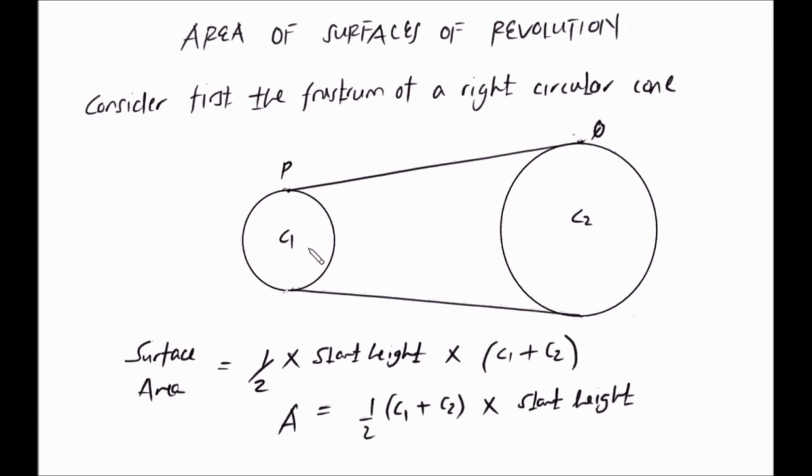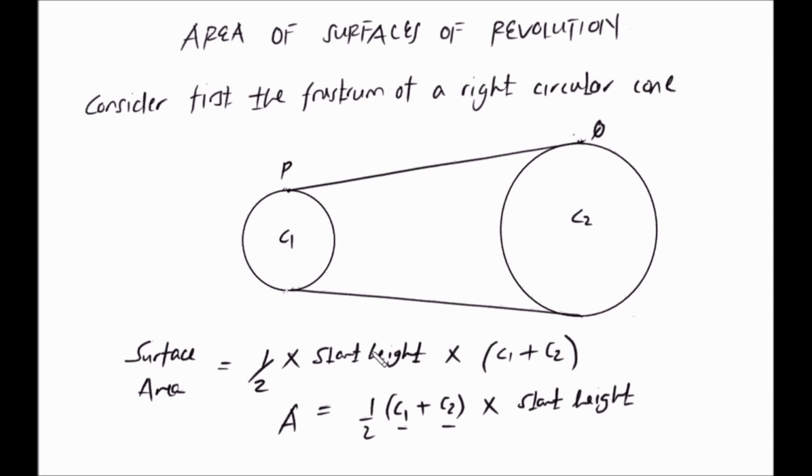Sasa cycle ziko mbili, cycle ya kwanza ina circumference C1, alafu cycle ya pili ina circumference C2. Sisi tumechukua circumference ya cycle ya kwanza jumlisha circumference ya cycle ya pili gawanya kwa 2. Hii maana yake ni kama average ya circumference ya hizi cycle mbili.